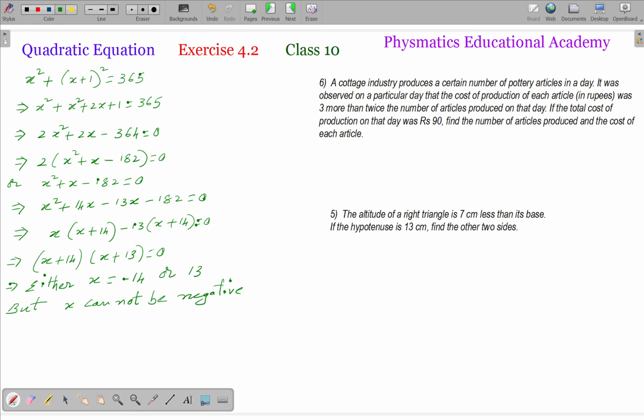So x is equal to 13 is one number, and the second number x plus 1 is equal to 13 plus 1, that is 14.